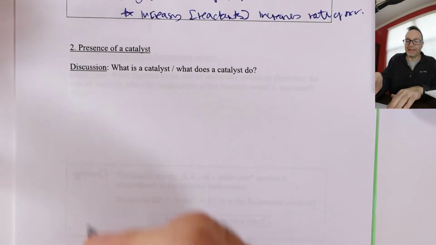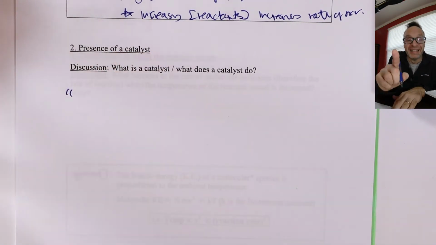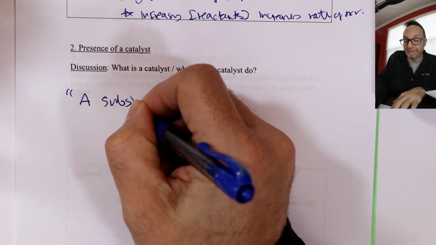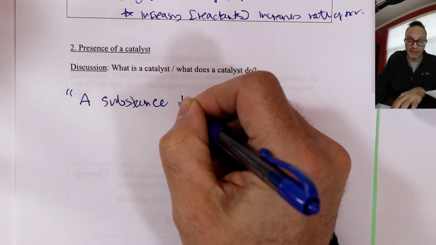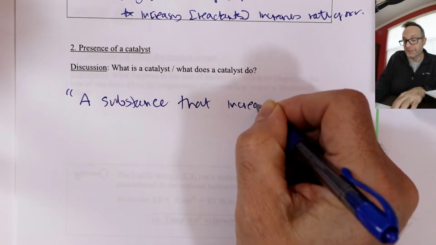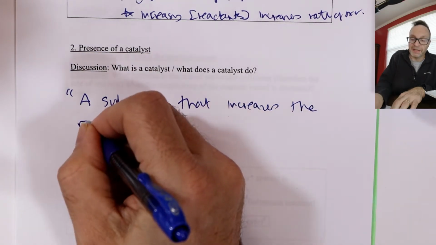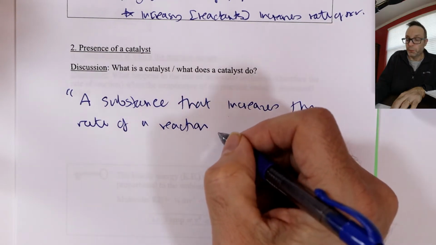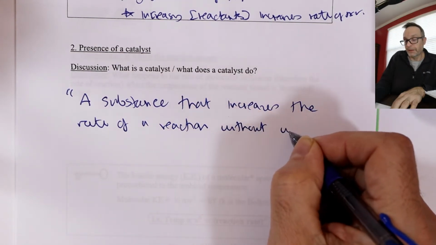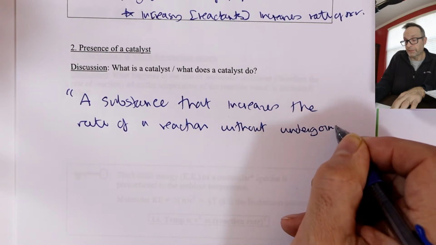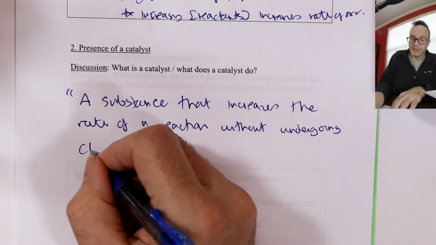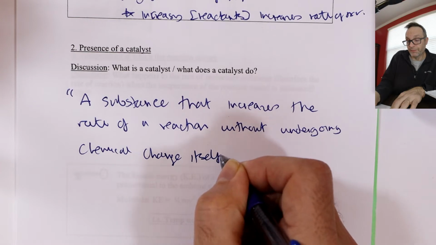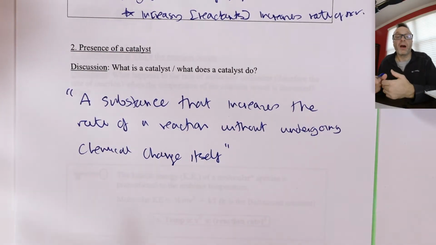Looking at the dictionary definition, a catalyst is a substance that increases the rate of a reaction without undergoing chemical change itself.